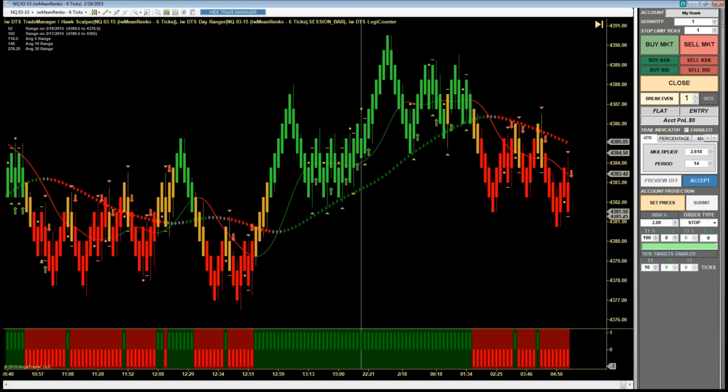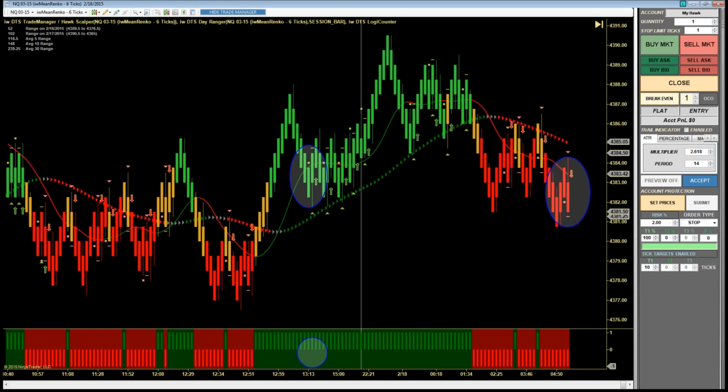What I mean by that is we're looking for red bars, a red signal, red trend lines, and a red filter. This filter down here helps gauge market momentum. So ideally, we want everything to be red, and we sell.